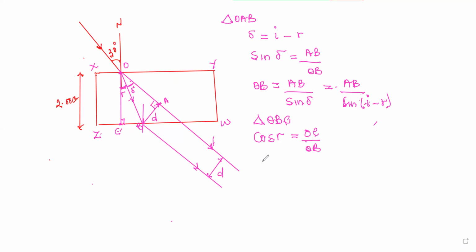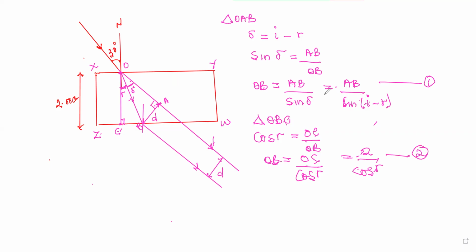So when we make OB the subject, let's name this equation 1. OB the subject here, we have OB giving us OC over cos of R. And OC is 2 centimeters. So 2 centimeters divided by cos of R. And this is our equation 2.